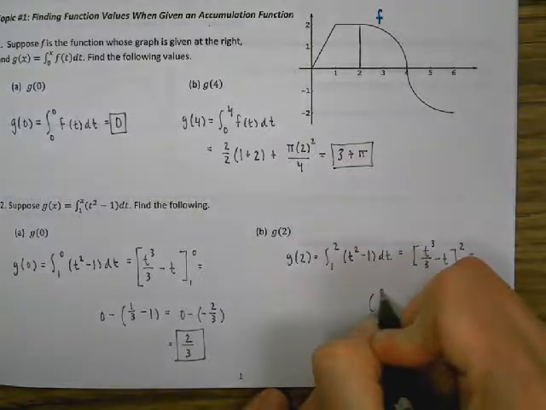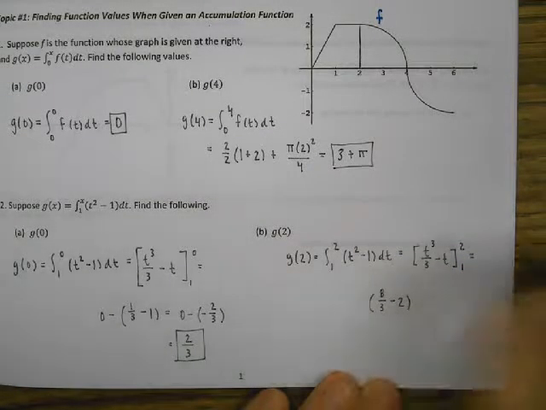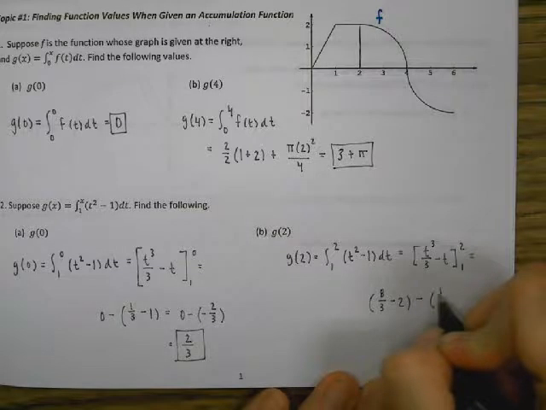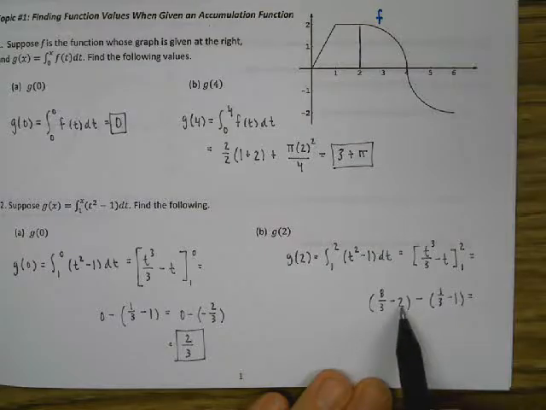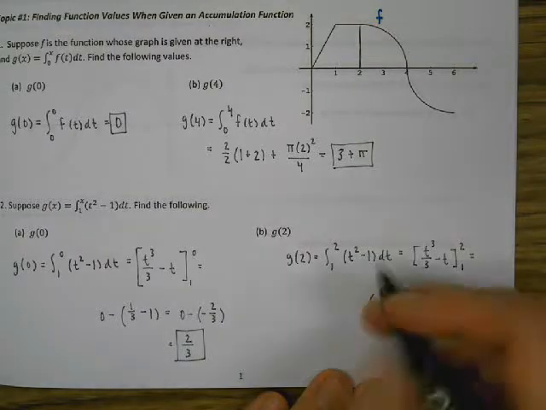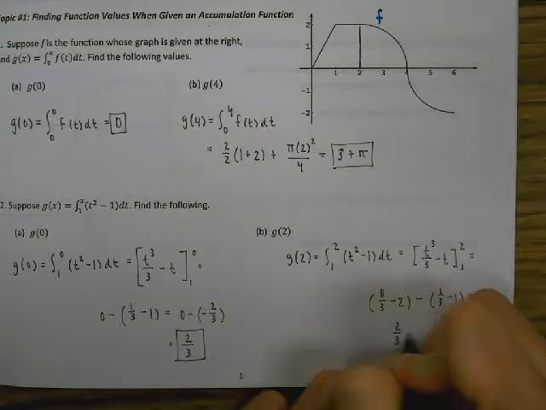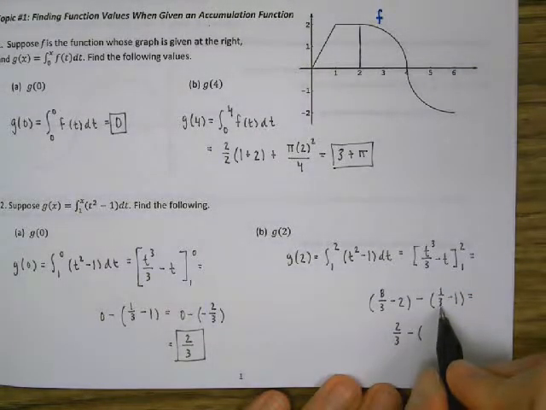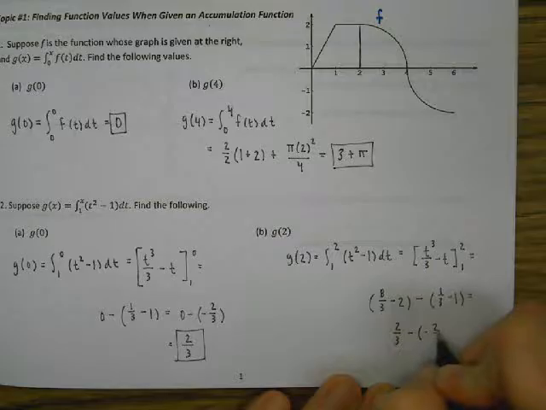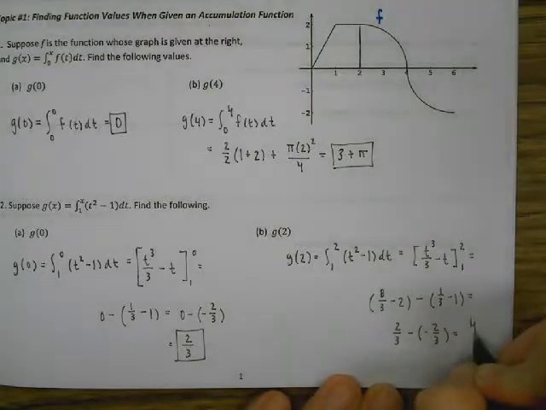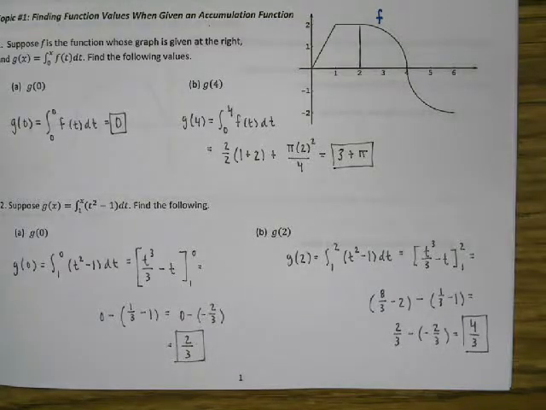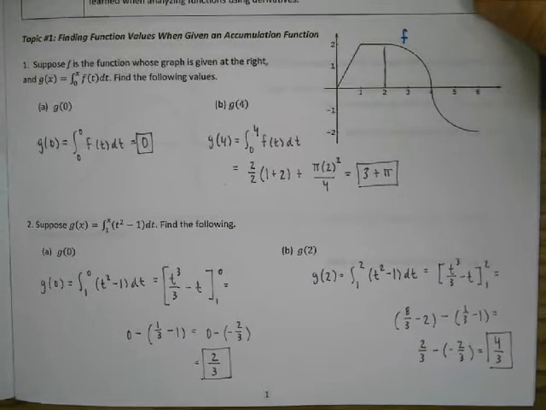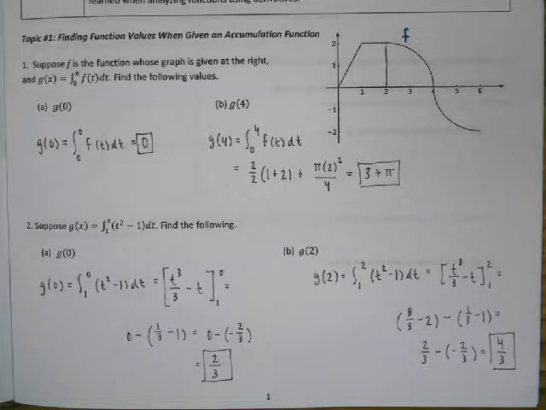I'm going to get 8/3 minus 2 minus 1/3 minus 1. So 8/3 minus 2 is 6/3, so I'm going to get 2/3 minus, this is going to be a negative 2/3. So my answer is 4/3. So that's the first thing we need to be able to do, is just find the function value if we're given an accumulation function.